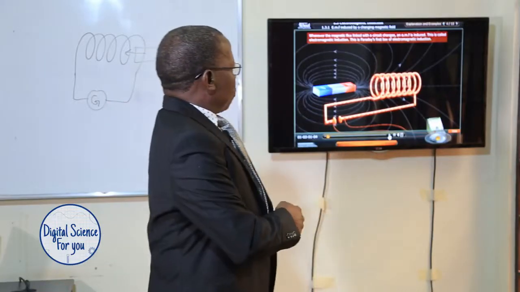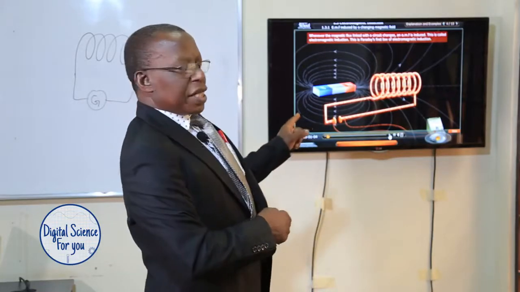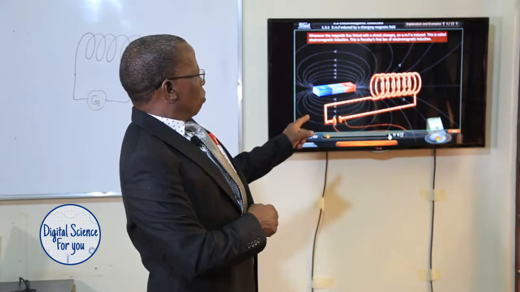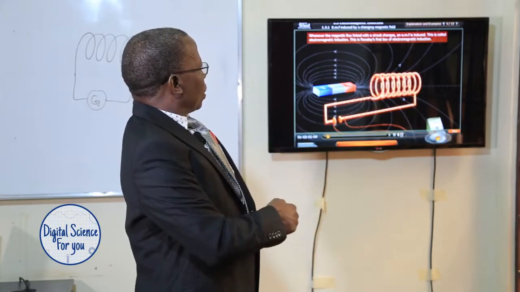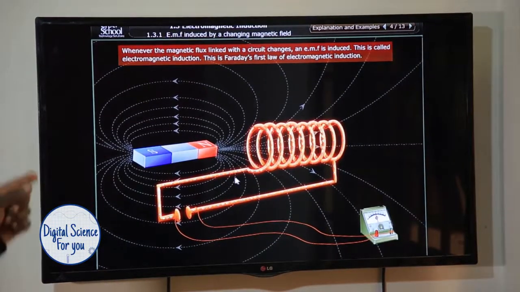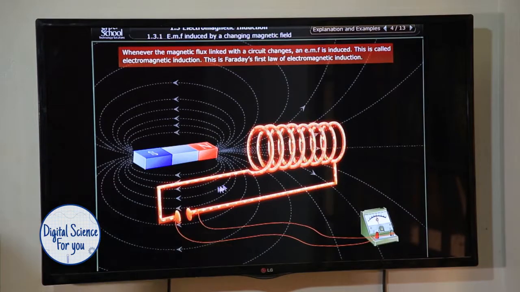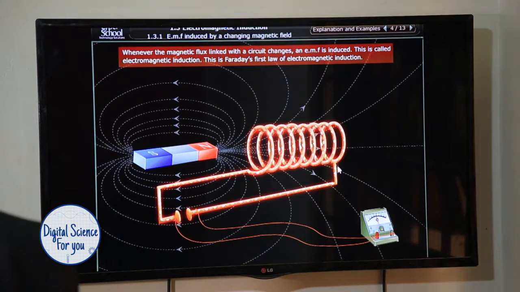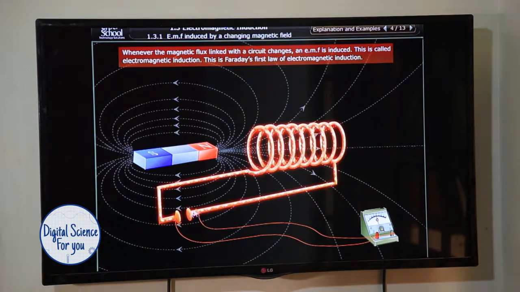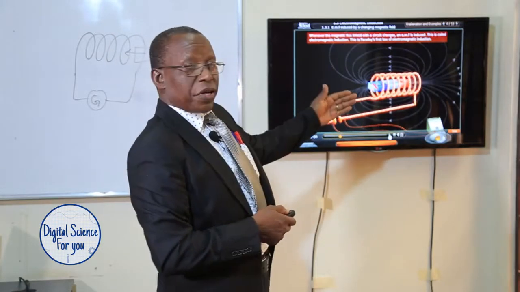Now, in this frame, you can see the white arrows within the coil. They are pointing in one direction as the magnet enters into the coil.